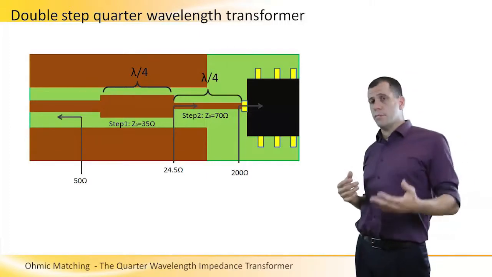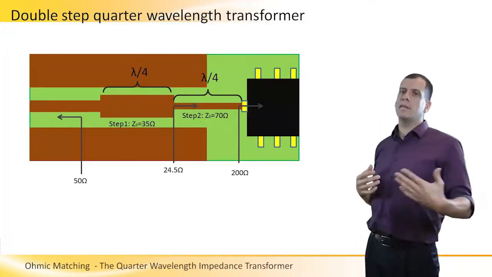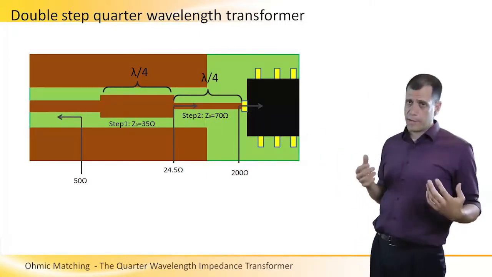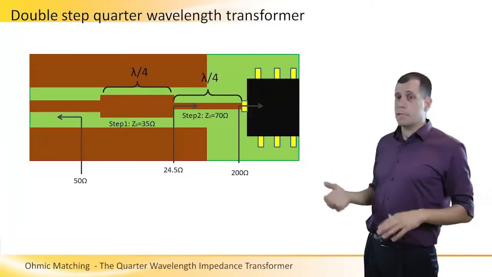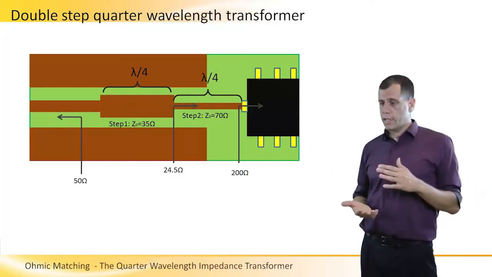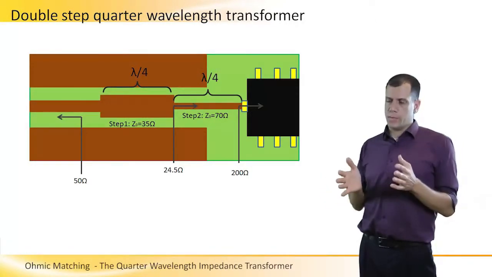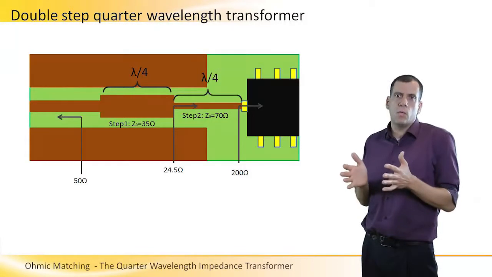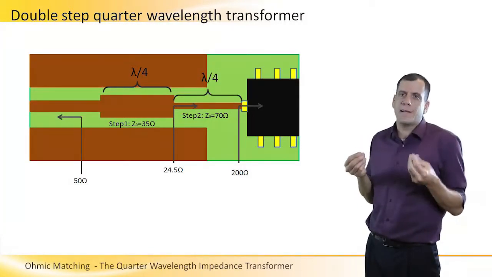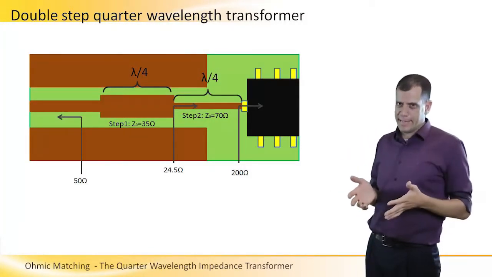When we are limited from below, when we are limited in the low impedances, when we have a case where the substrates are high, or thick, then we might run into cases where the line width will be so wide that we won't be able to practically locate it in our design.